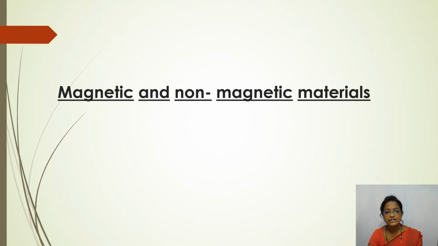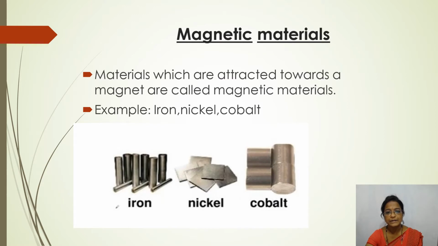Next, we have also learnt about magnetic and non-magnetic materials. What do you mean by magnetic and non-magnetic material? Let us see. Materials which are attracted towards a magnet are called magnetic materials, and the examples are iron, nickel and cobalt.